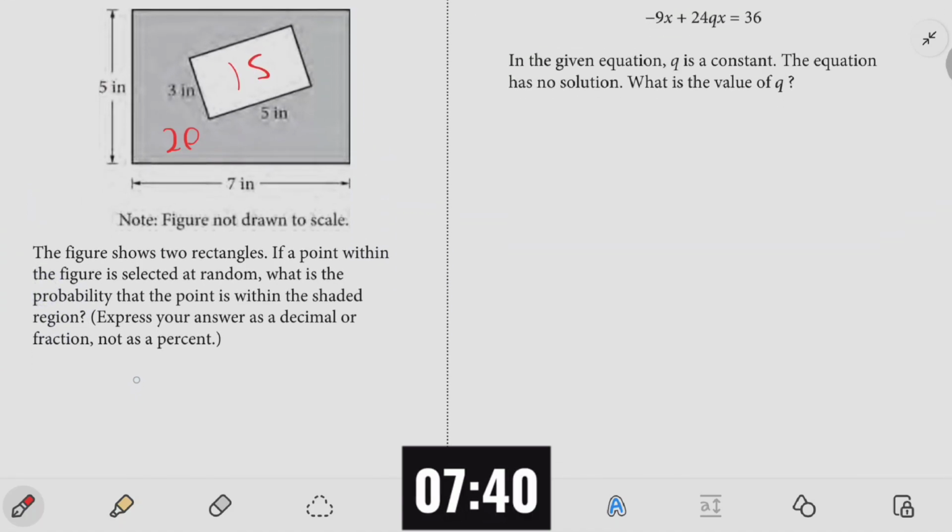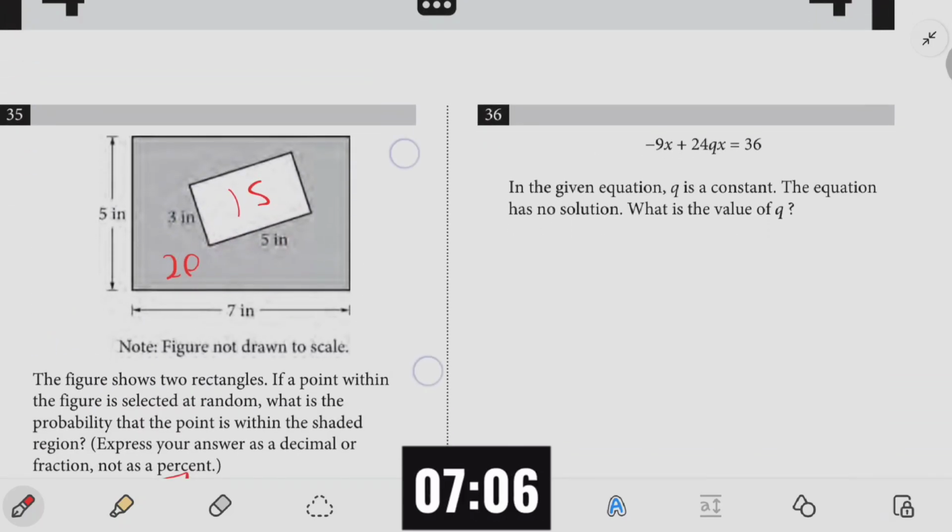Okay, so 3/4. What is the probability that the point is within the shaded region? Oh wait, 20 out of the total. 20, because that's the shaded. Okay, 35 minus 15, 20. 20 out of the total area, 35. I don't know if I have to simplify. Let me quickly. 4/7.